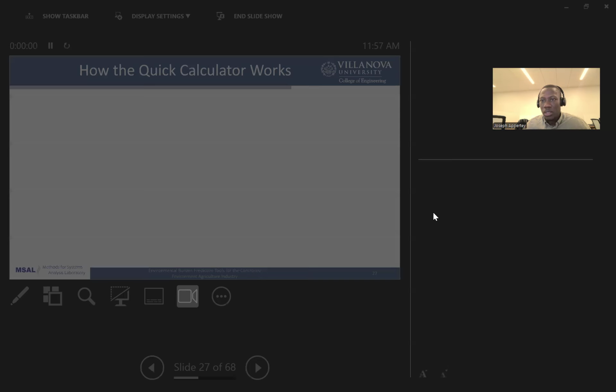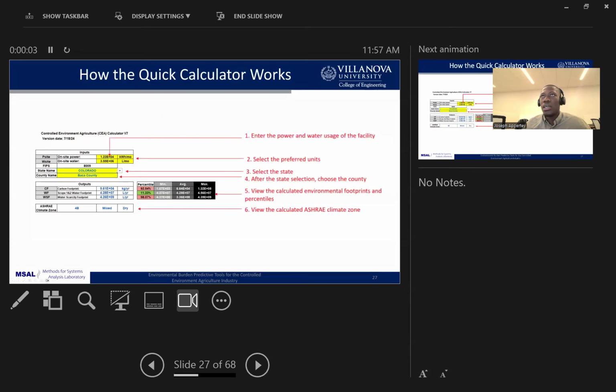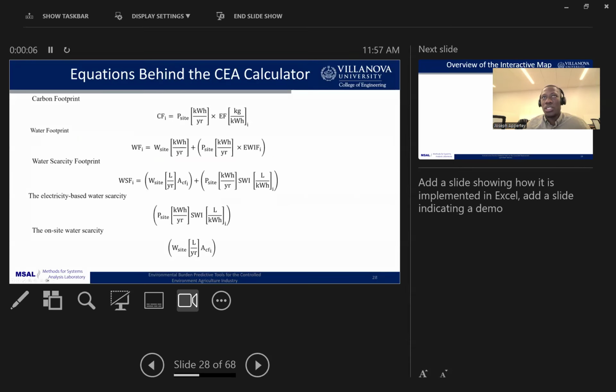Okay. So to continue with the presentation, now we consider the equations whereby the carbon footprint is calculated considering the on-site power and then the emission factors. The water scarcity footprint considers the on-site water available in addition to the on-site power and then the energy water intensity factor.